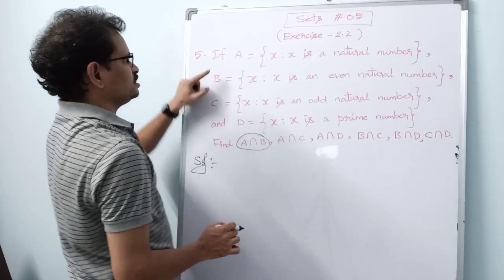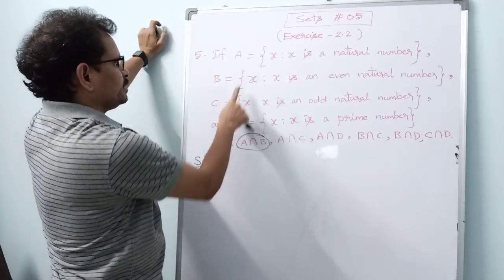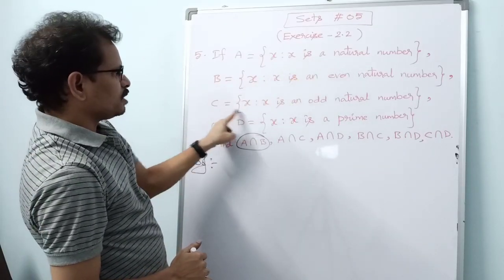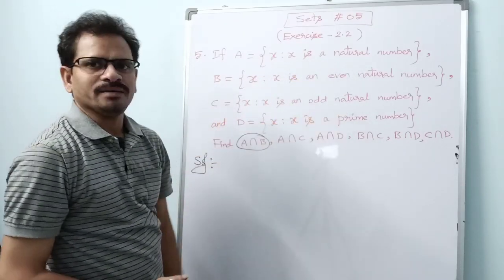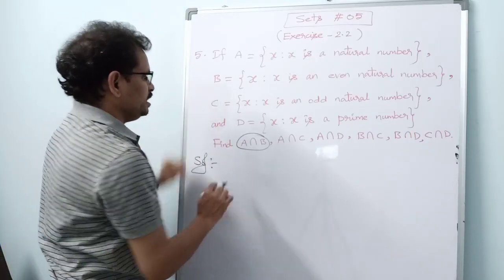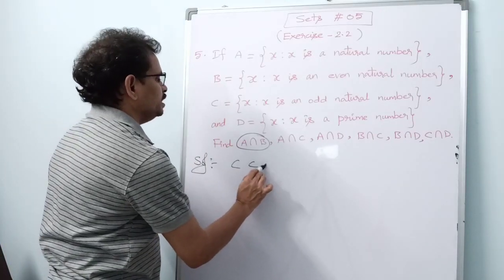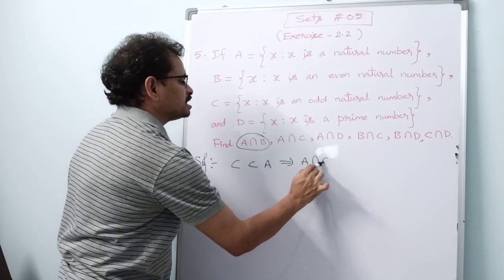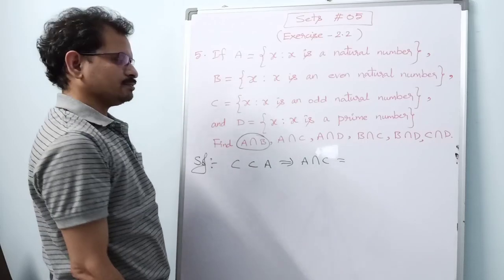Now A intersection C. X such that x is a natural number. What is C here? Odd natural numbers. Which is a subset of which here? C is a subset of A. This implies A intersection C equals what? Tell me now.